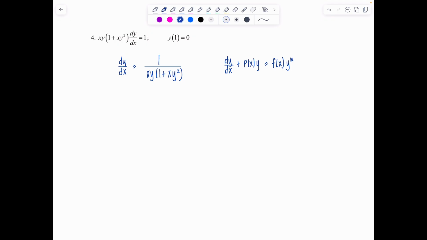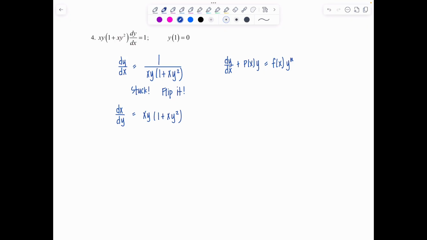They're lying to me. No, every now and then you got to be a little clever, and we're going to flip it. So we're stuck. So instead, we're going to take the reciprocal, basically flip it, and see if things work out better if we treat y as the dependent variable. So dx/dy would be xy times (1 plus xy squared).